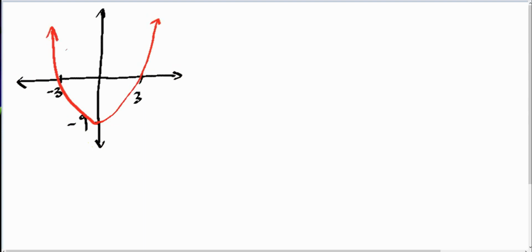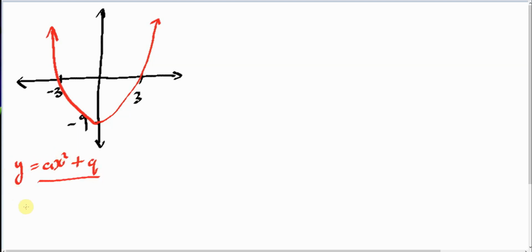So this is your sketched parabola with some y-intercept or turning point, and also the x-intercepts, and you have your equation as y equals a x squared plus q.